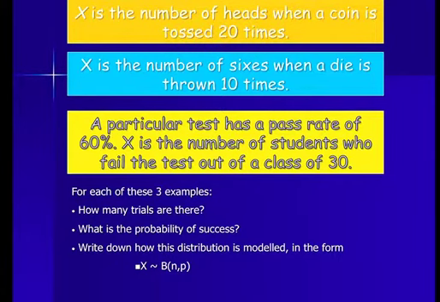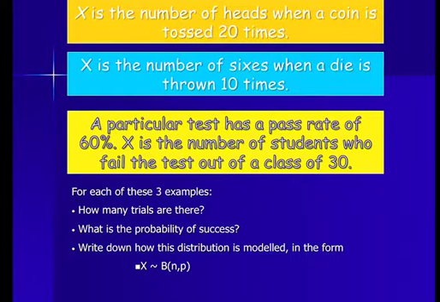On the second one there, X is the number of sixes when a die is thrown 10 times. So again, 10 trials. Getting a 6 one time doesn't affect the likelihood of getting a 6 the next time. And I am either getting a 6 or I'm not getting a 6. Success or failure. And then finally, a test with a pass rate of 60%. X is the number of students who fail a test out of a class of 30.